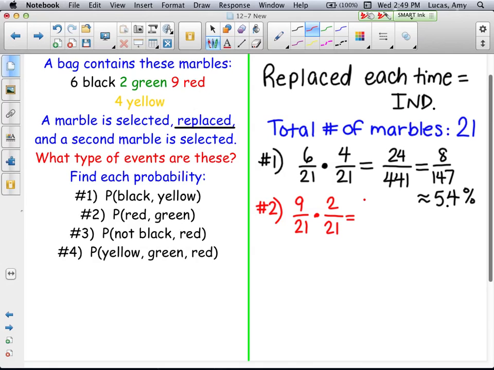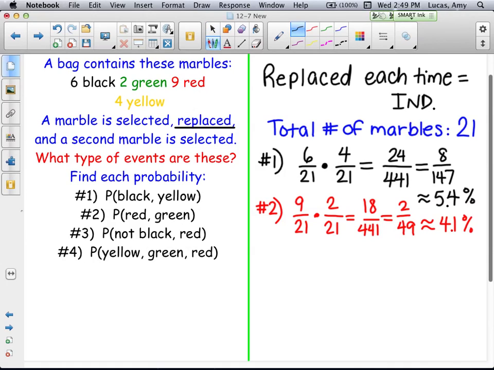So if I multiply that, I would get 18 over 441. And if I reduce that, it reduces to 2 over 49. And as a percent, 2 divided by 49, and then I move my decimal point 2 places, it's about 4.1% for number 2.